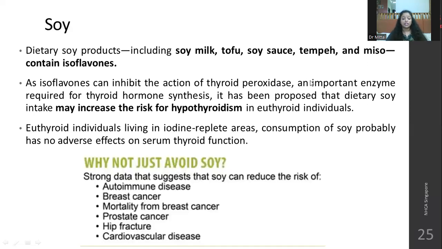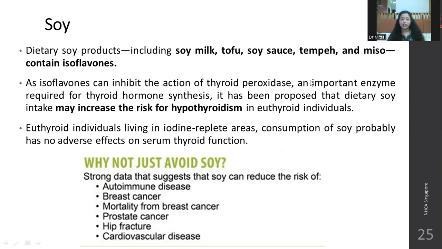So why can't we just avoid soy? Because we have various evidences that show that soy can reduce the risk of autoimmune disorders. It can also reduce the risk of breast cancer, mortality from breast cancer, prostate cancer, hip fracture, because soy milk and soy-based products are a good source of calcium as well. And cardiovascular diseases. So soy has so many other health benefits.